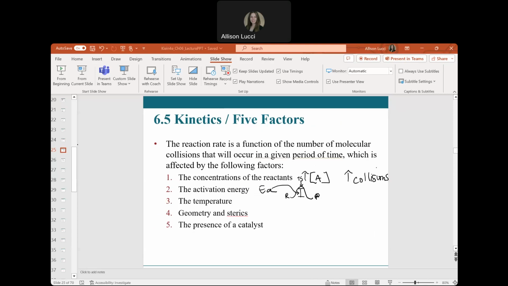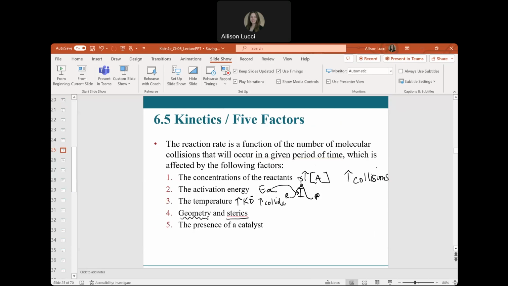Temperature affects our rate of reaction, right? So when molecules have more kinetic energy, they're moving faster, again more collisions, so more collide at higher temperature. There's also the geometry, the molecular geometry, or what we can call the sterics.